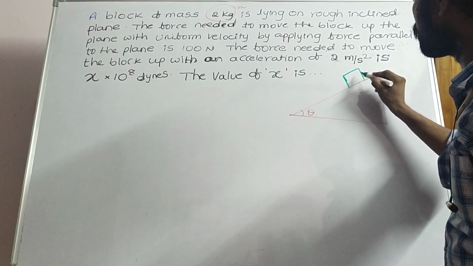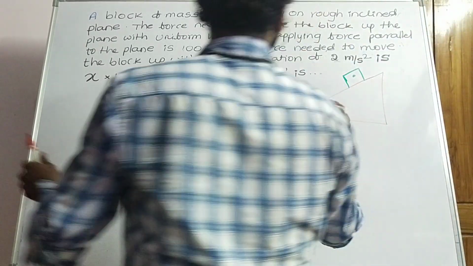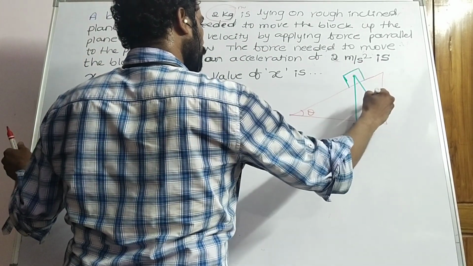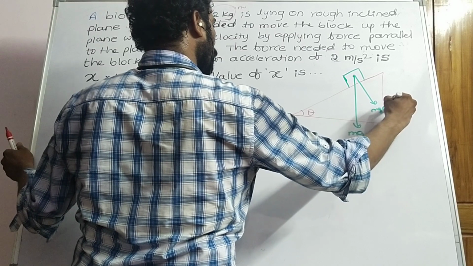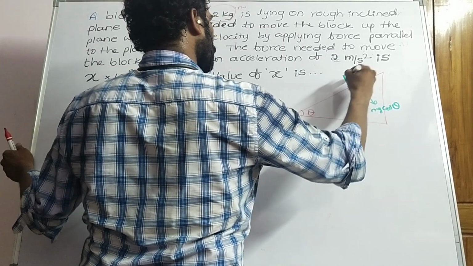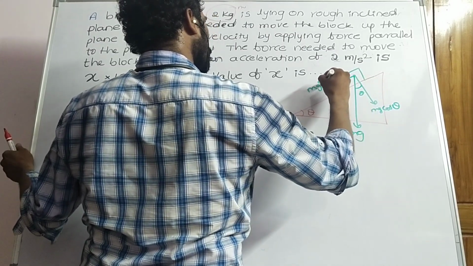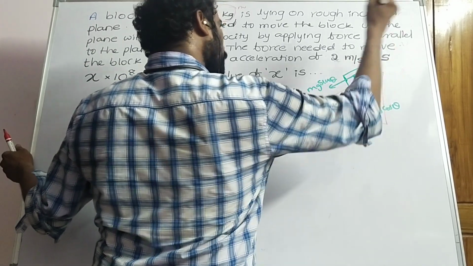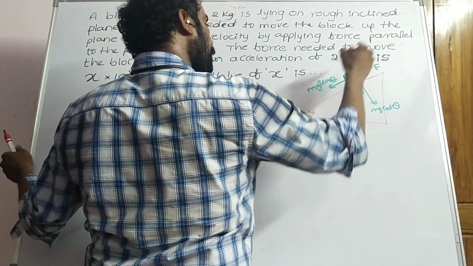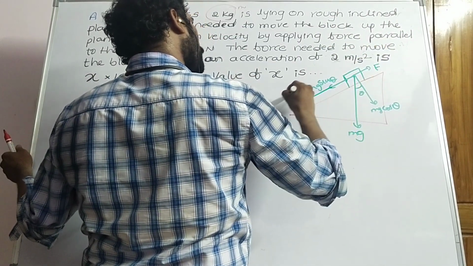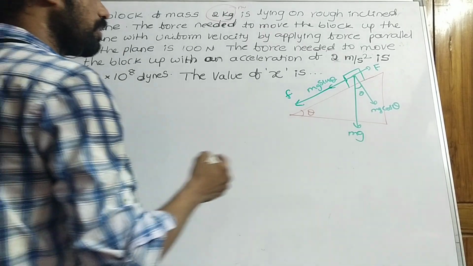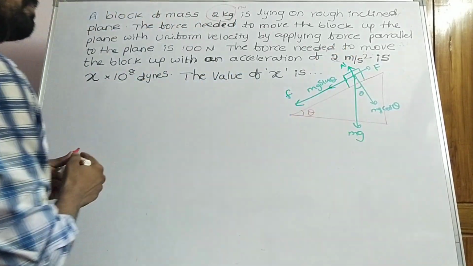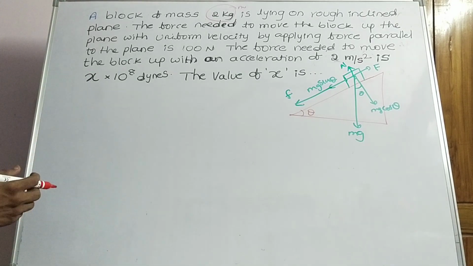See here, this is the block, 2 kg block, and as usual we know that this is mg cos theta, this is angle theta, mg sin theta. The force is applied to move the body upwards, so frictional force will be acting along the direction of mg sin theta, and normal reaction is balanced by mg cos theta.